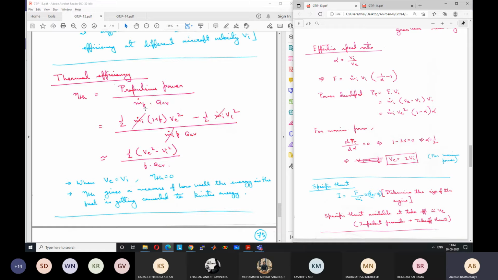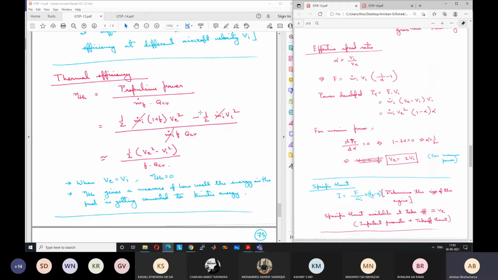So relative to the engine, the exhaust gas energy is half m dot a (1 plus f) V square. Basically half into mass flow rate into exhaust velocity square. And the inlet energy is half m dot a Vi square. So this is the net change in energy that the engine is creating.